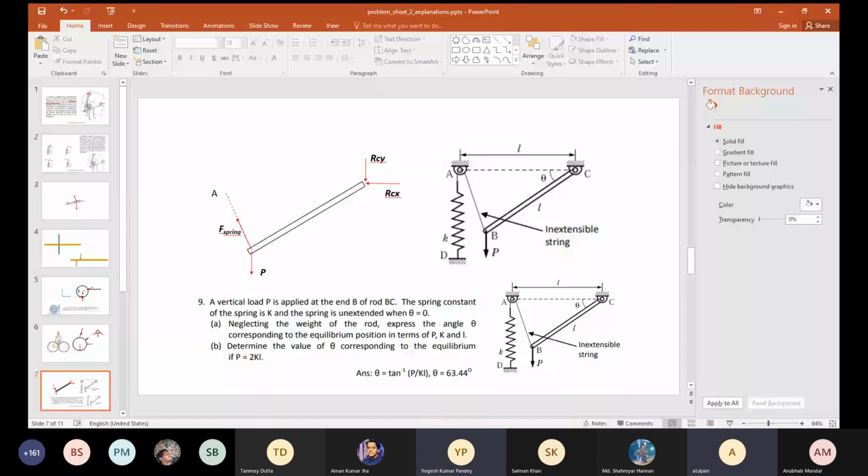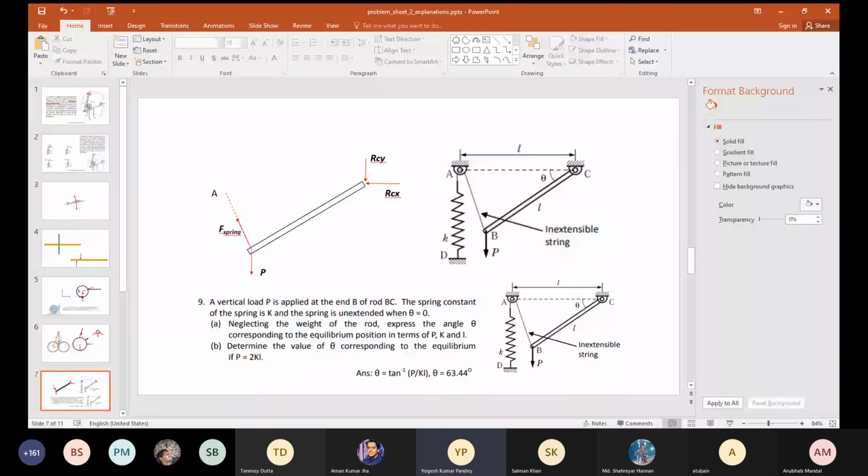No, angle CBP. Okay. So use the fact that you can draw a line parallel to AC from B. A line parallel to AC passing through B, and then you should be able to do it. That will be perpendicular to P. Okay, got it.